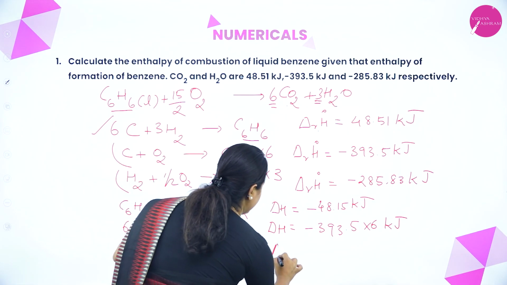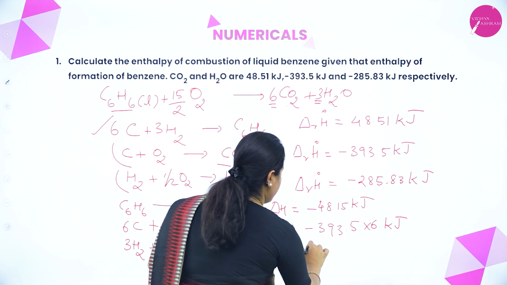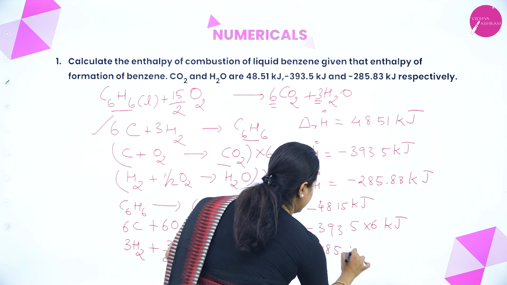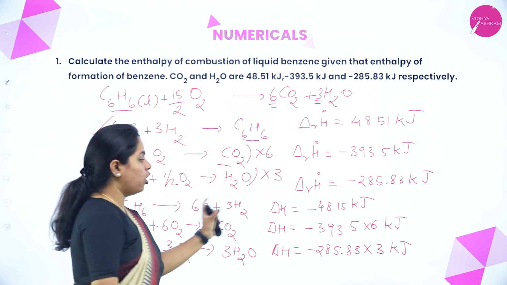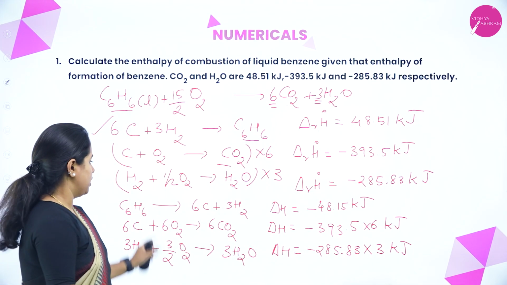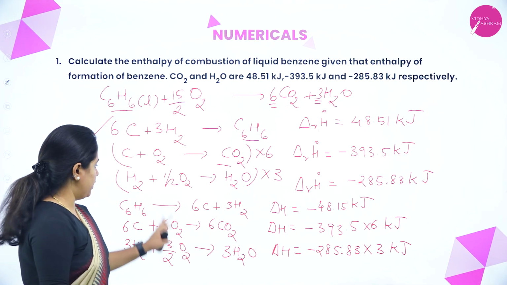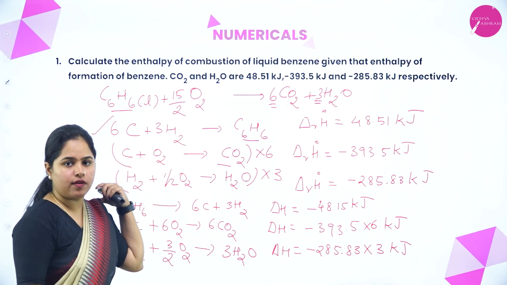So what happens to the enthalpy? Again it is minus 285.83 multiplied by 3 also I have to do. So the whole equation you have to multiply it by 3. So this is what I have obtained here. So we have reversed it and multiplied with whatever value we require.